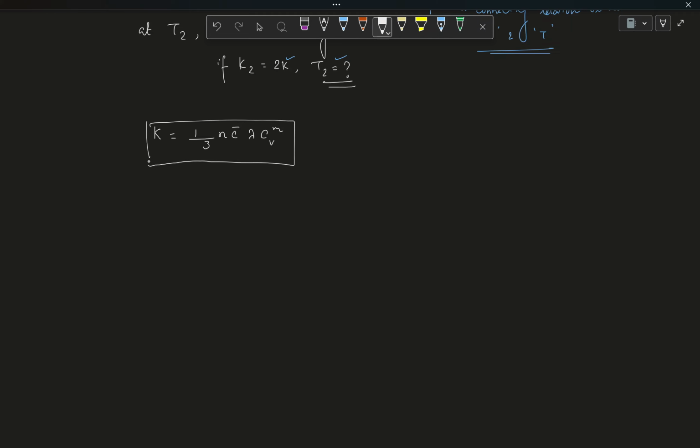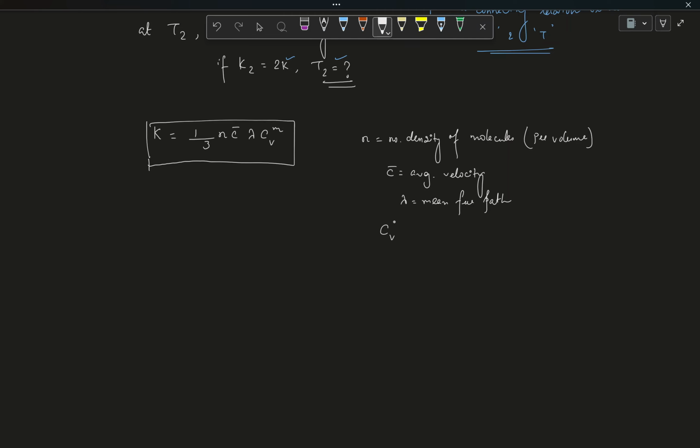Let me define the terms present here separately. Here n is the number density of molecules, that means the number of molecules per unit volume. Then C bar is the average or mean velocity. Then lambda is the mean free path of the gas molecules.